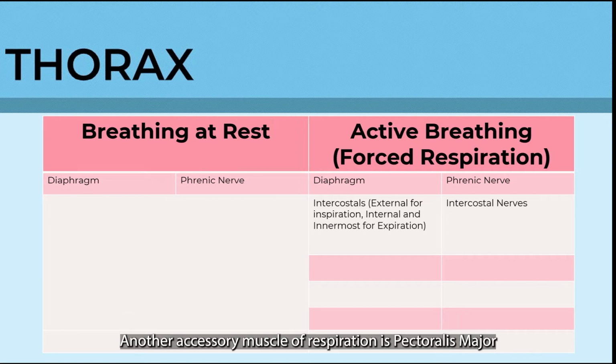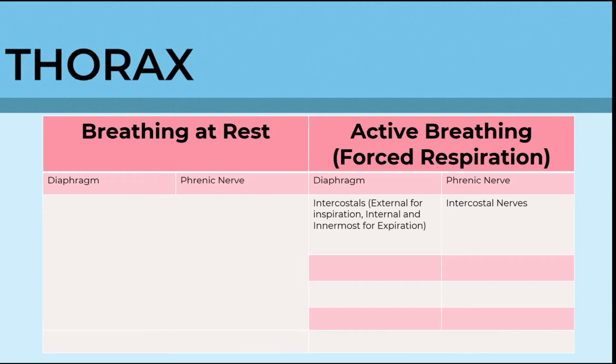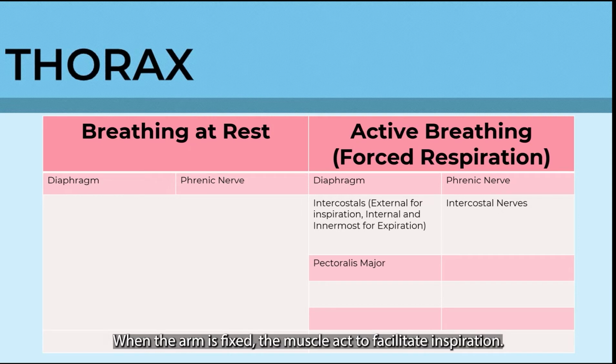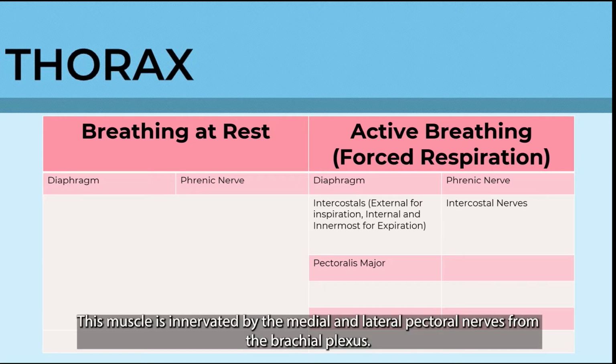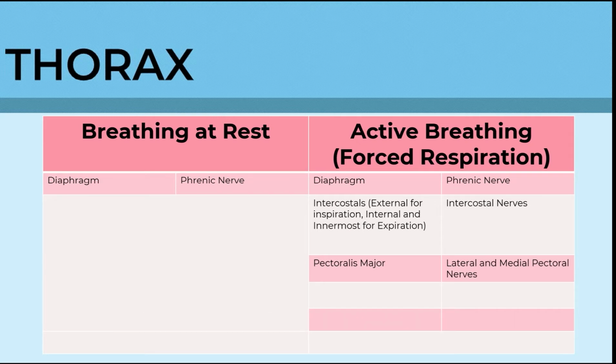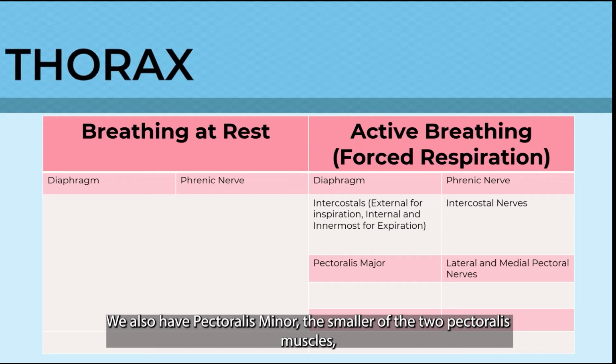Another accessory muscle of respiration is pectoralis major, the large superficial muscle on the chest. When the arm is fixed, the muscle facilitates the act of inspiration. This muscle is innervated by the medial and lateral pectoral nerves from the brachial plexus. We also have pectoralis minor, the smaller of the two pectoralis muscles.